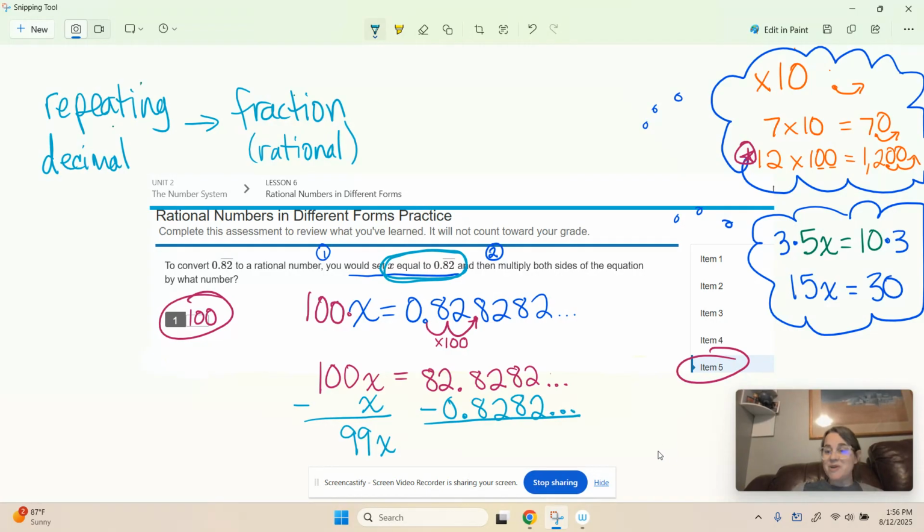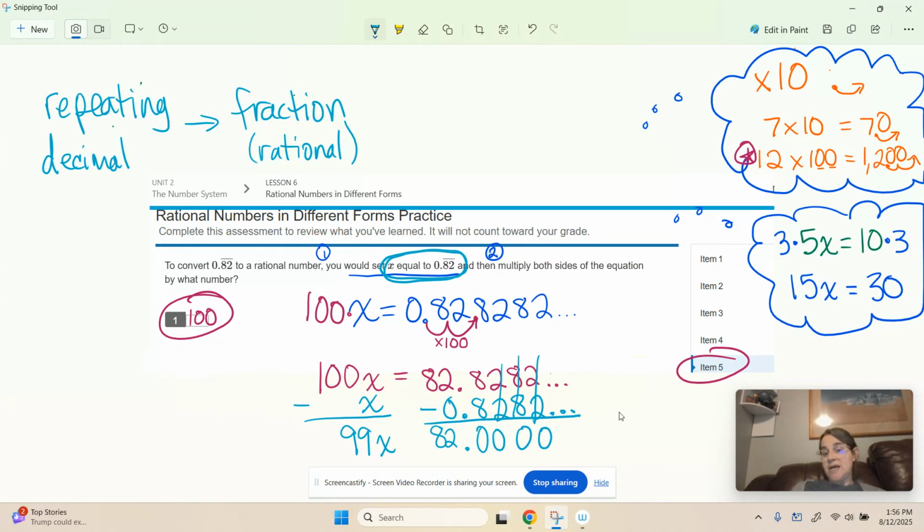And look what happens when we subtract. These are going to zero out. All of these are going to zero out. 2 minus 2 is 0. 8 minus 8 is 0. And now on the right-hand side, I have 82. No more repeating because they're all canceling out.